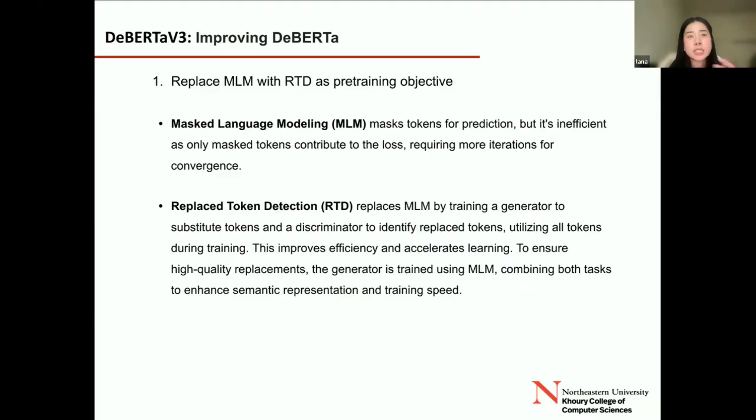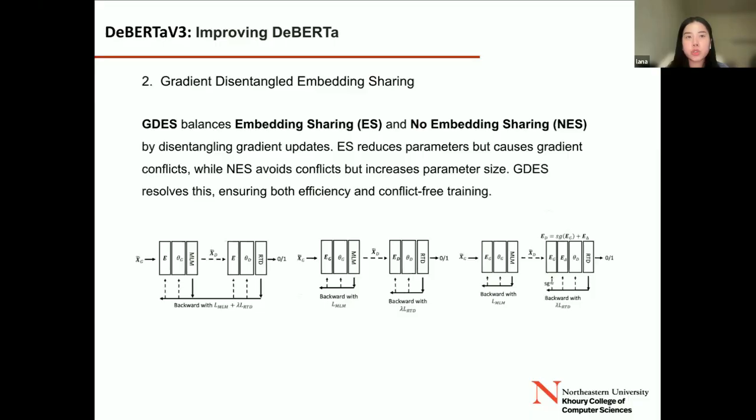So with these two pre-training objectives, how do they work together in the pre-training process? Here we have the three approaches that have been used for these two training objectives. The first one on the left here is full embedding sharing between the generator and the discriminator.